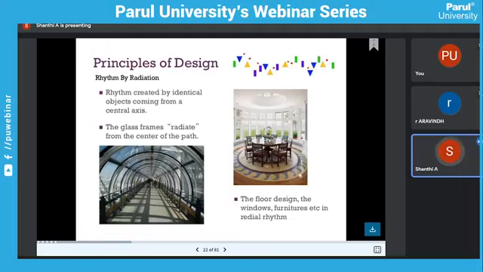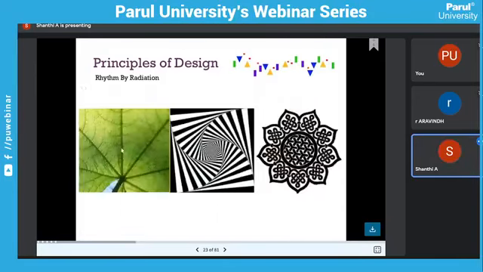So even this flooring is made with a proper rhythm, and here the windows also have a rhythm. So here it is also, the top window ceiling is also followed a rhythm. So radiation is nothing but something diverging from a point. So we call it radiation.